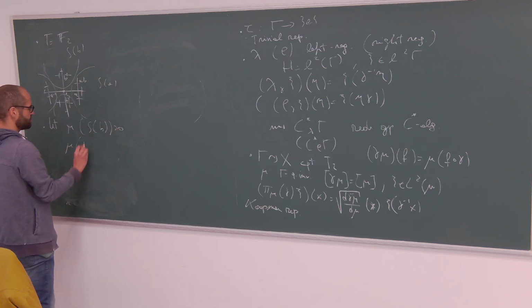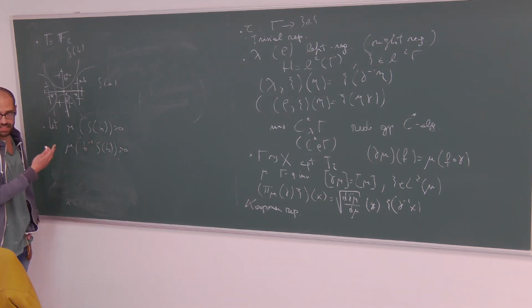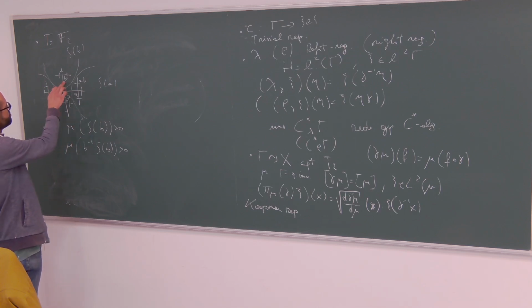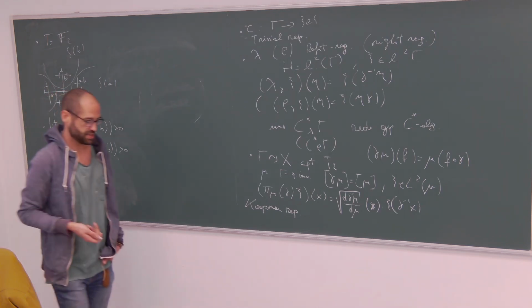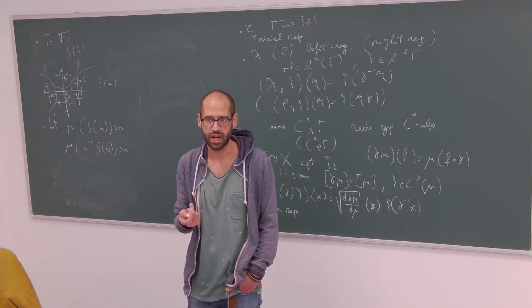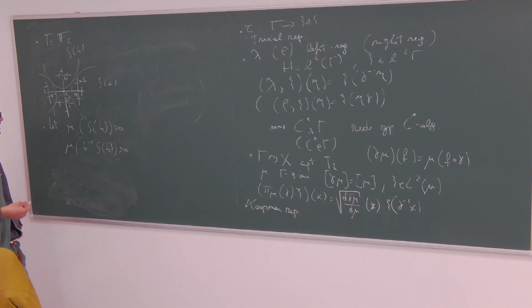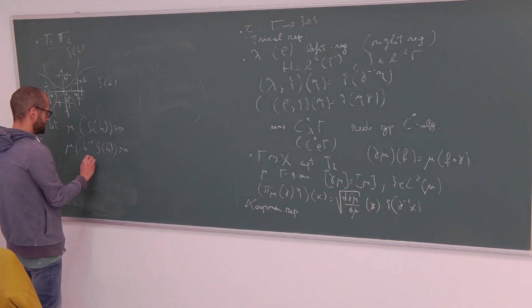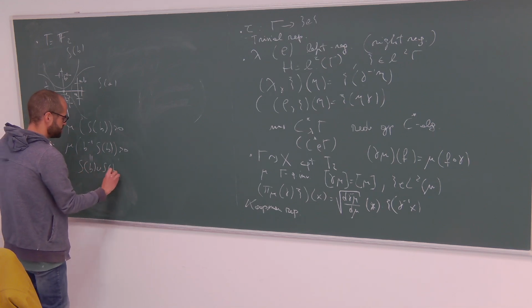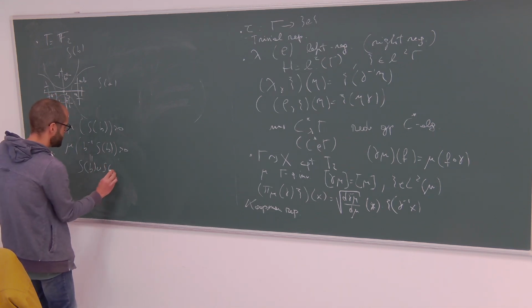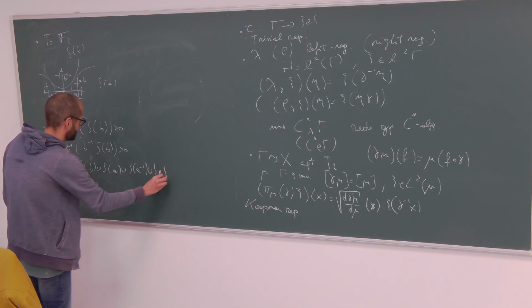Then also the measure of B to the minus 1, S of B, is greater than 0. And it's the same actually. But now if we apply B to the minus 1, we obtain all the words except the words which start with B to the minus 1, because this is the rule when I construct words starting with B. So this is just S of B union S of A union S of A to the minus 1 and also the identity.